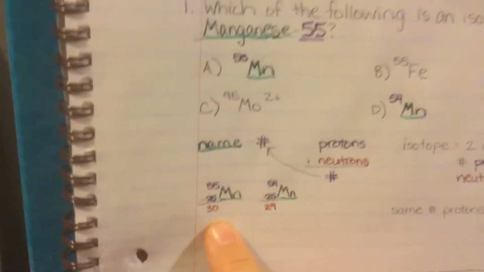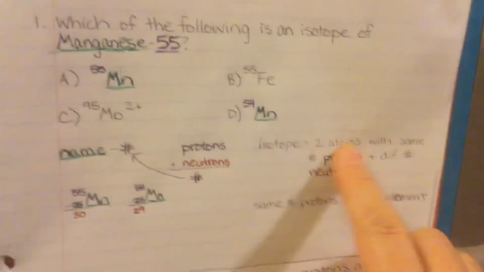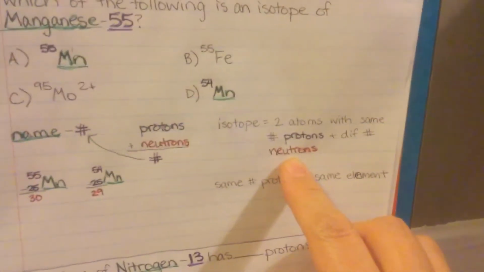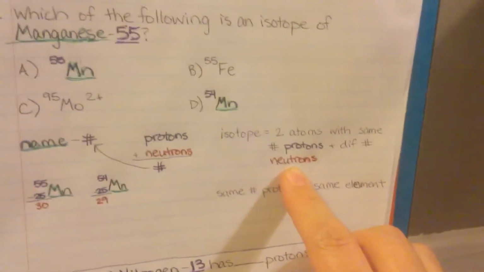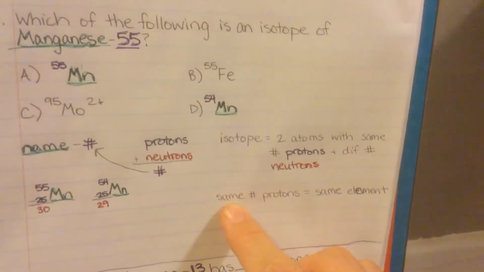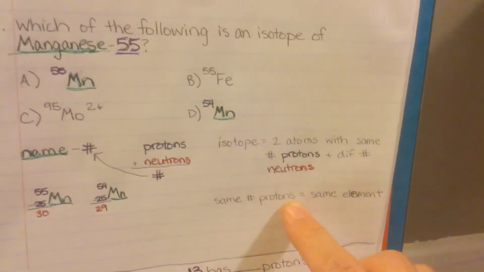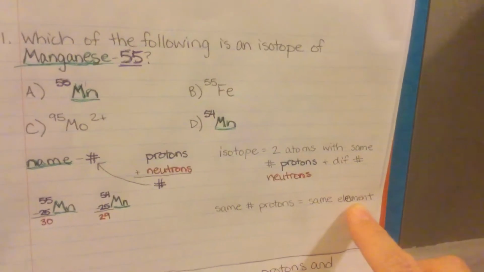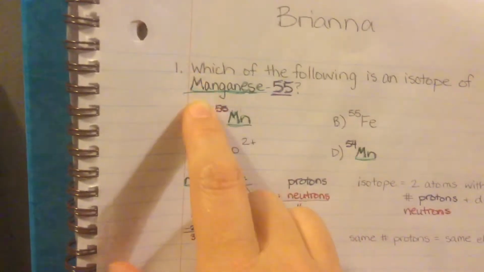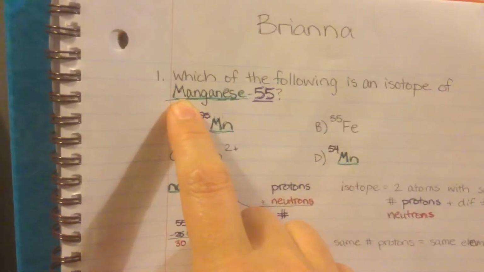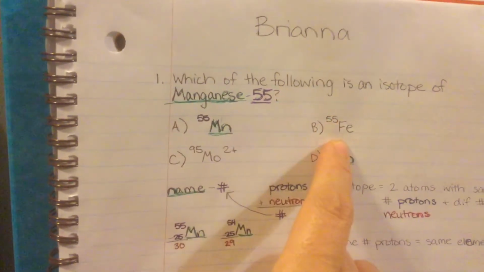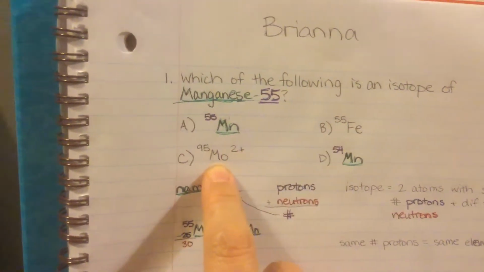Okay, so an isotope is two atoms that have the same number of protons and different number of neutrons. And then also remember that if two atoms have the same number of protons, then they're the same element. So if we're talking about manganese, then an isotope of it is not going to be iron or molybdenum.